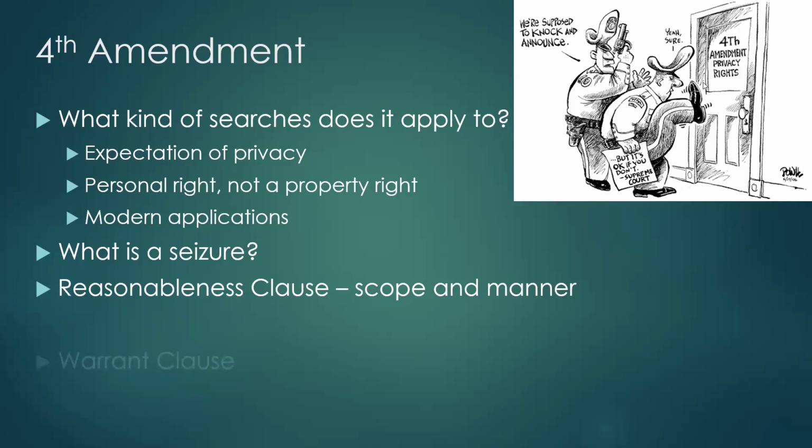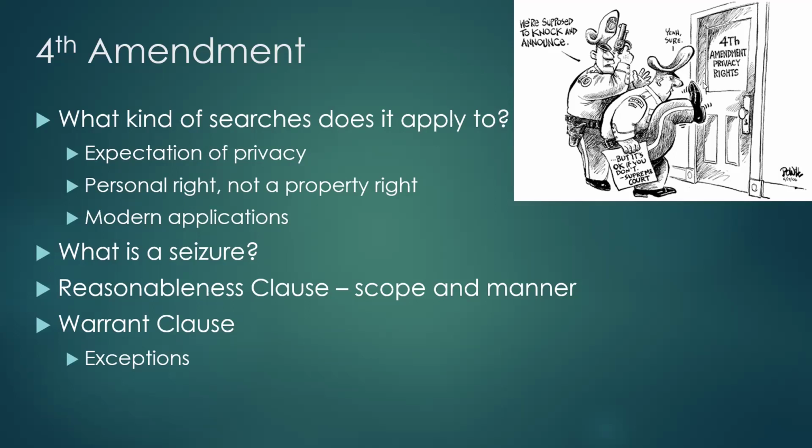Then comes the warrant clause. There are certain requirements that warrants must meet. They must be based on probable cause. That's straightforward in the Fourth Amendment. They must be supported by oath or affirmation. Some witness or the police officer has to swear to tell the truth, the whole truth, and nothing but the truth, when they are providing the basis of probable cause.